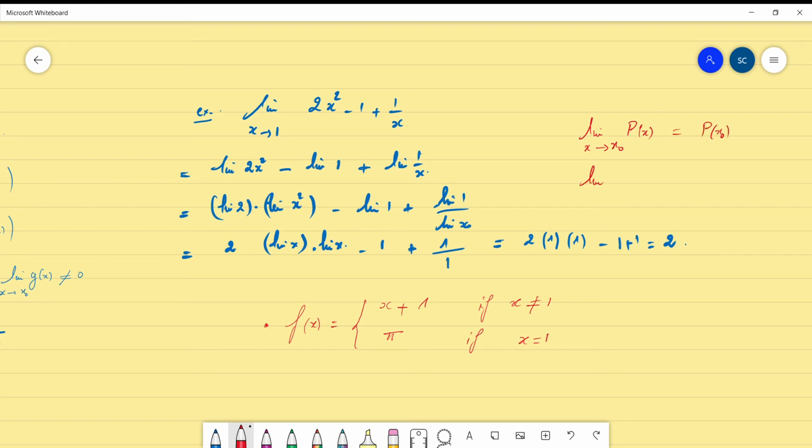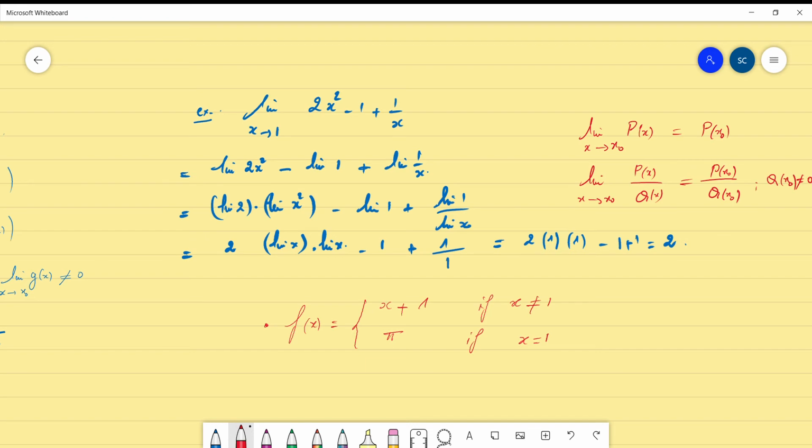And the limit of the rational fraction p of x over q of x as x approaches x0 will be p of x0 over q of x0. Okay, we substitute the value. Of course, here we are dealing with the situation q of x0 different from 0.